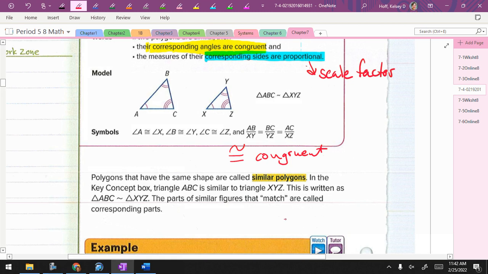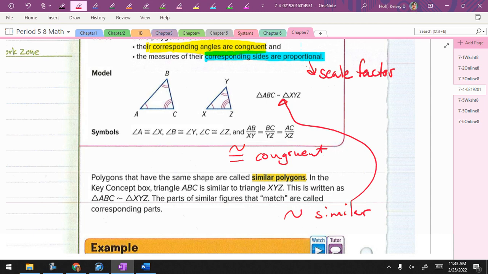Today, you're going to see just the tilde, which means similar. Similar means they have the same angles and the sides use a scale factor. You're going to need to remember the difference between the congruent symbol and the similar symbol because it will matter on your assessment.